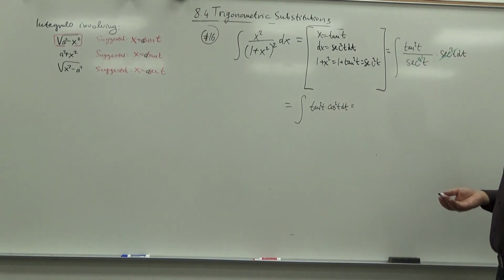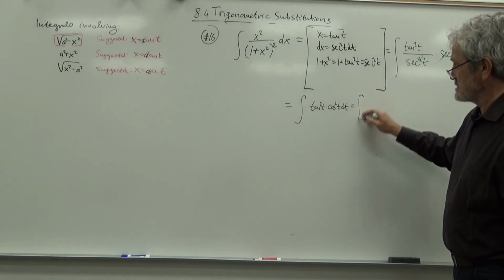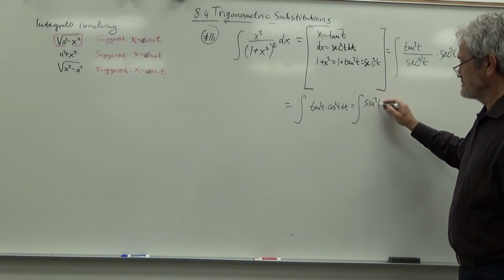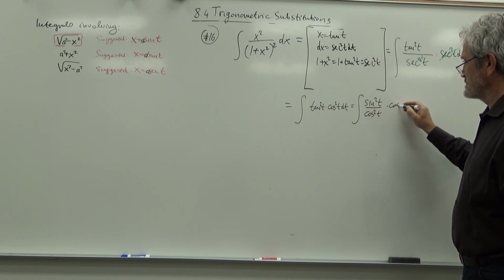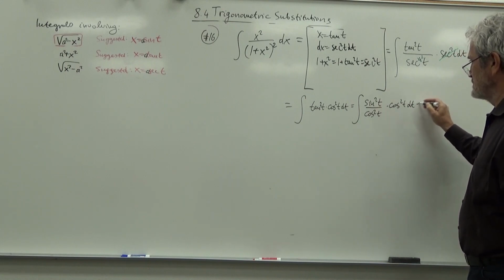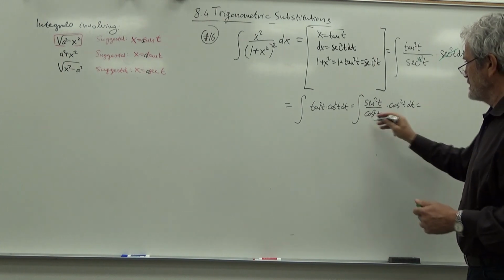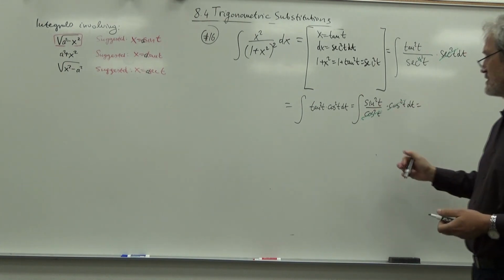And it gets even better because tan squared is sine squared over cosine squared, times cosine squared t dt. You cancel and you are done in no time.